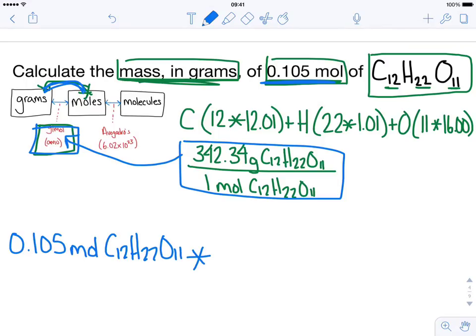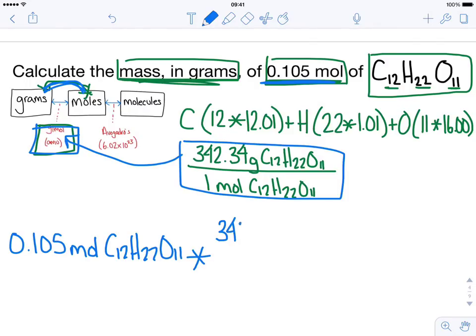So in this conversion factor, am I going to want grams on the top or the bottom? I'm going to want grams on the top and moles on the bottom so that moles cancels out with what I'm given. So I want to write this exactly how we wrote it up here.